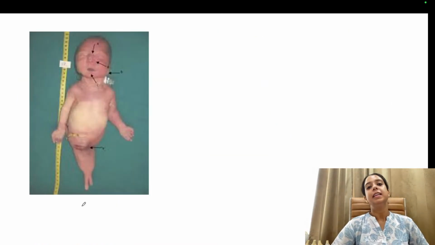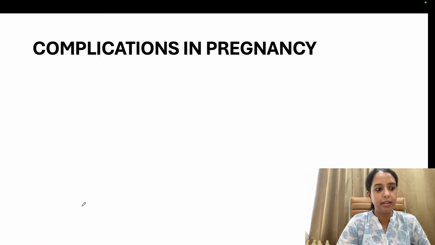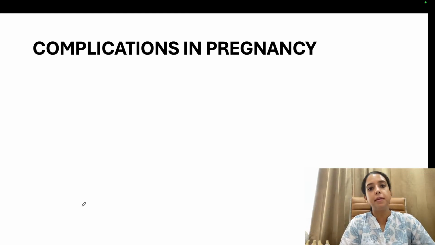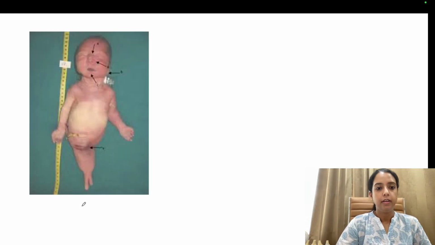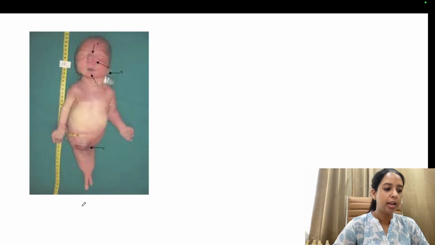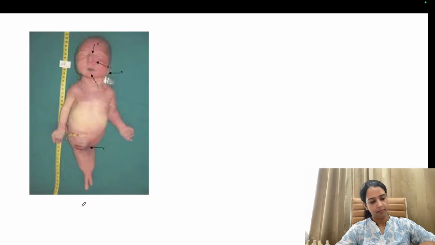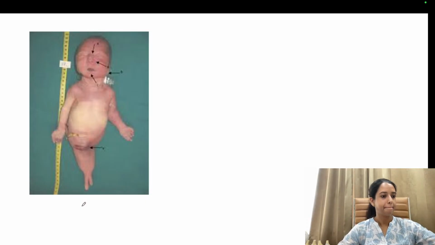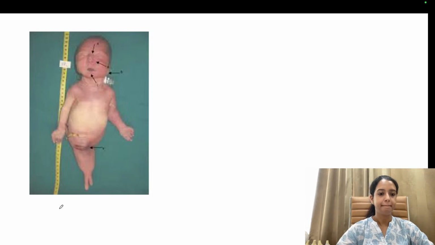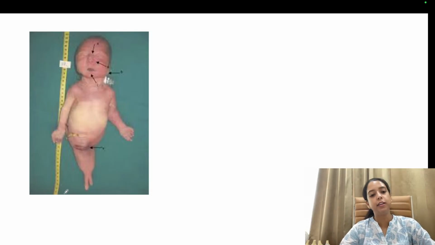Okay? Now, coming to the complicated pregnancies, we'll see all the antepartum hemorrhage and medical complications and everything. What is this? This kind of pathology happens in which medical complication? Please answer. This is an easy one. This is seen in which medical disorder in the mother?